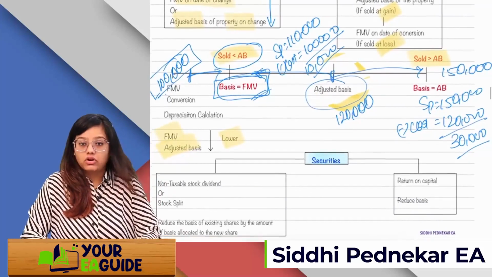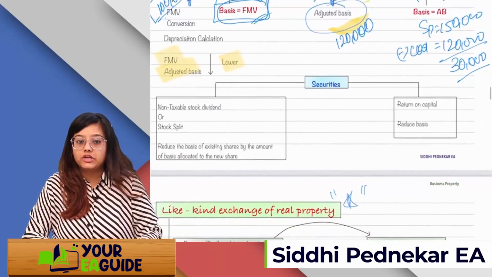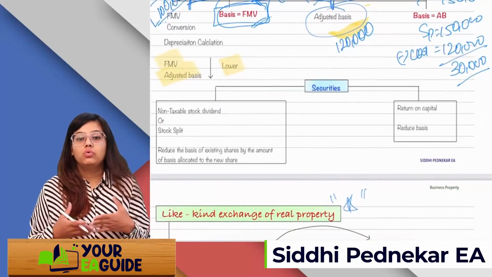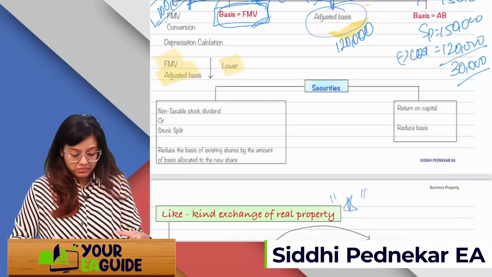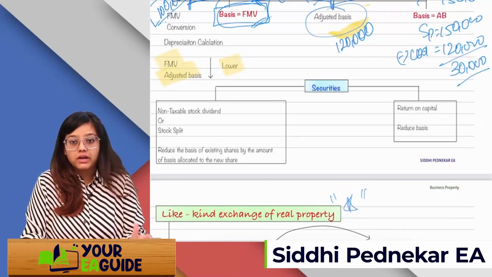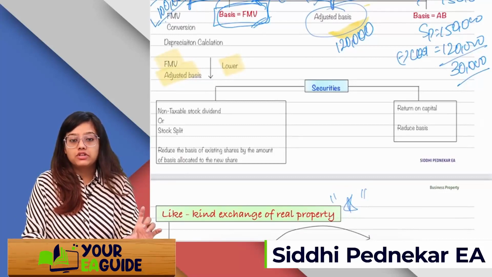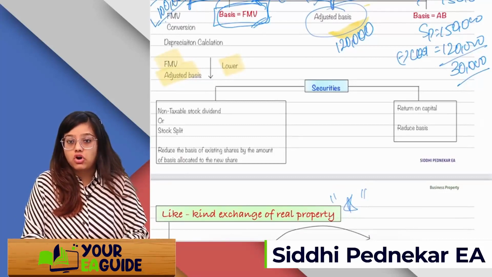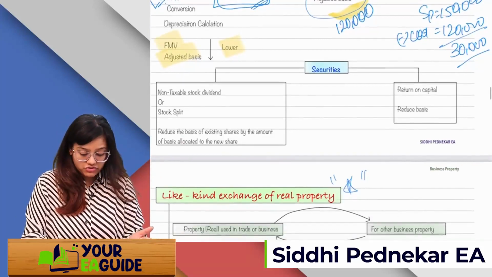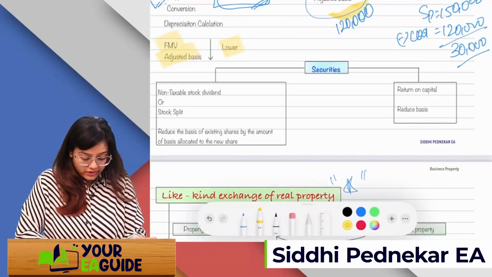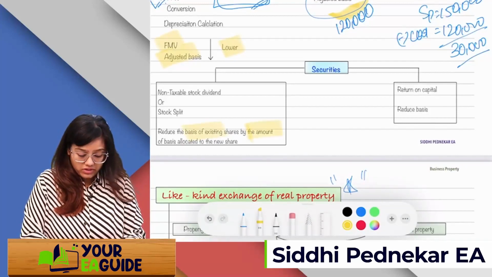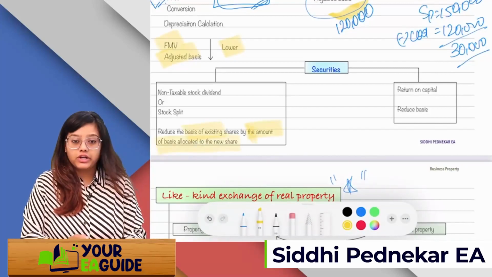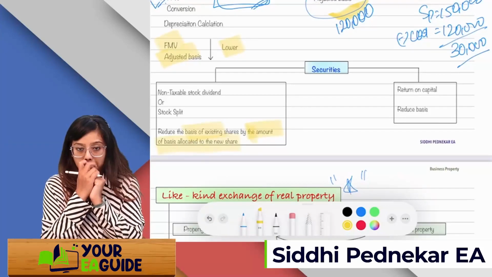Next is securities. Now, in case of securities, there are two options. We have already done this in the corporation chapter, so just go through that topic. Securities, if it's a non-taxable stock dividend or a stock split, right? Then we are just going to reduce the basis of existing shares by the amount of basis allocated to the new shares.